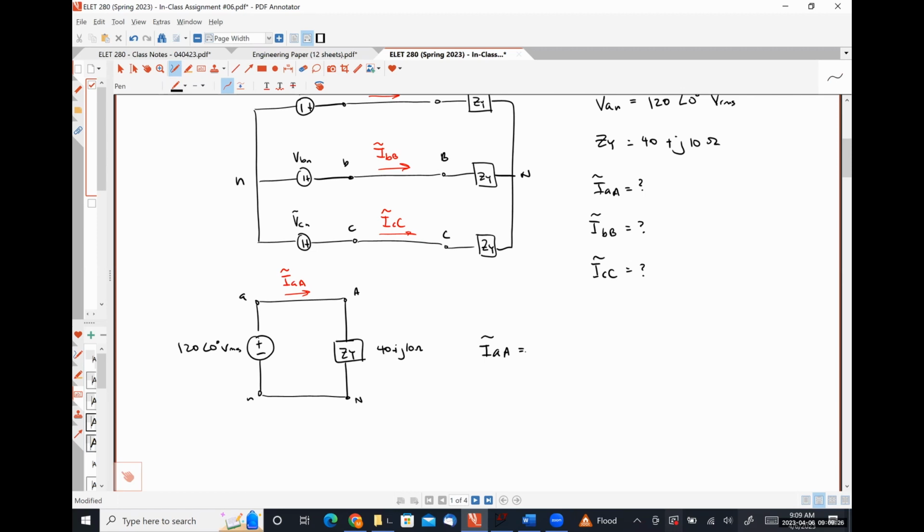How are we going to do it? Voltage divided by impedance.